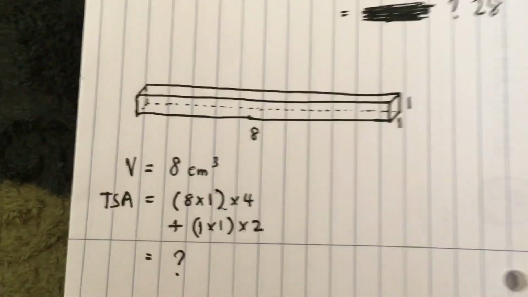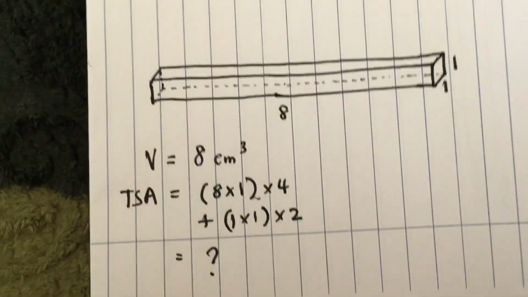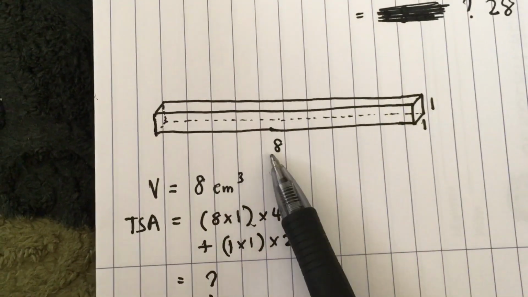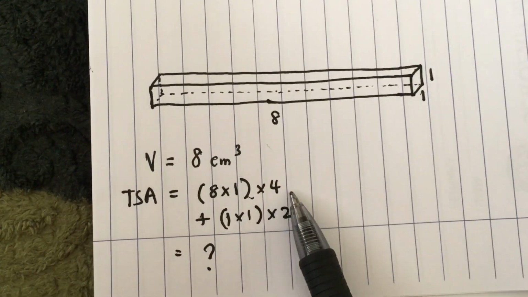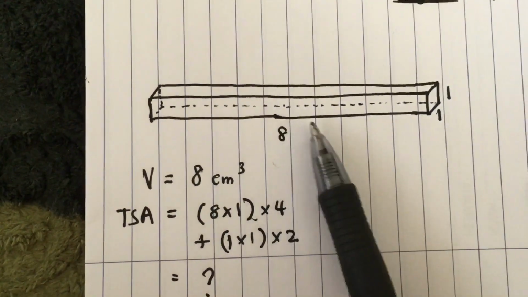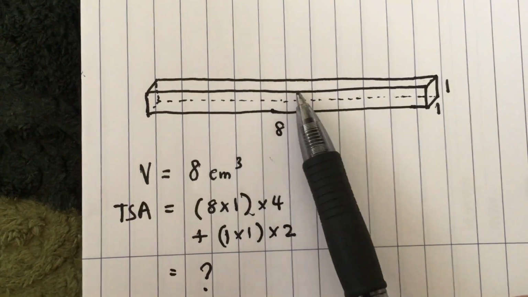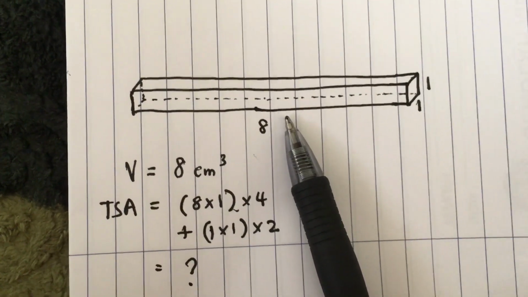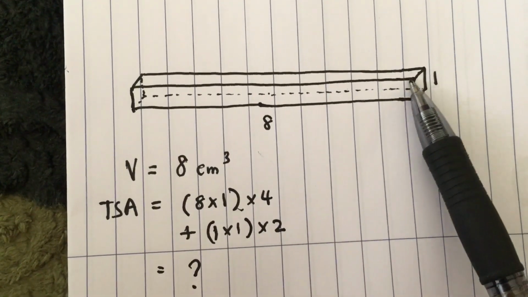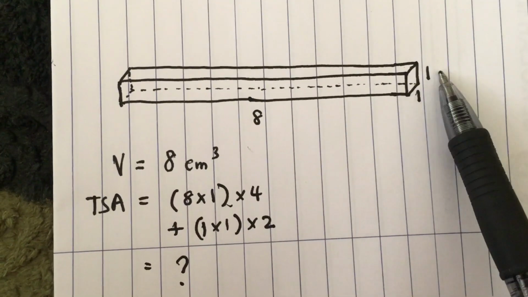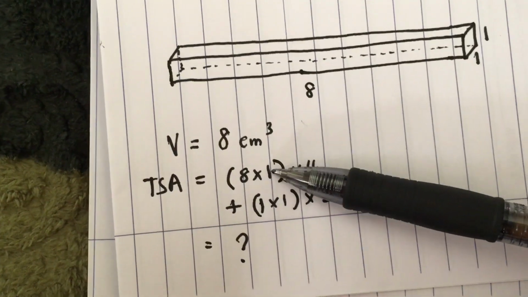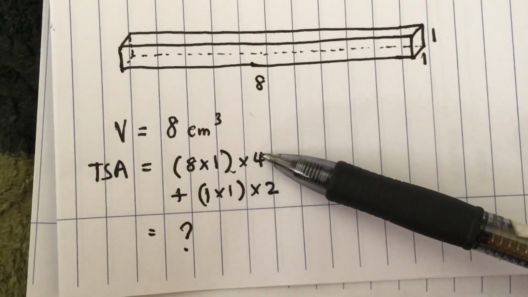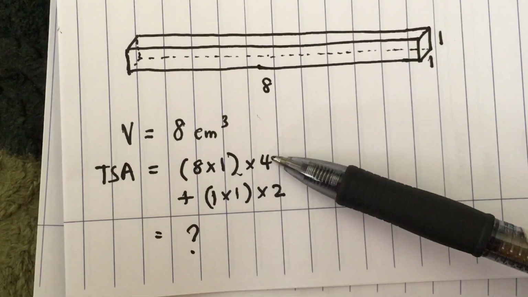How about this one? Okay, so here we have 8 times 1. Okay, and then we have 4 surfaces. Ada 4 permukaan yang sama, 1, 2, yang belakang dan yang di bawah. Okay, so all of them is 8 times 1. And then this one tiny surface right here is 1 times 1. This one is also 1 times 1. Okay, so 8 times 1 is 8. We have 4 surfaces, we times 4. 8 times 4 is 32.